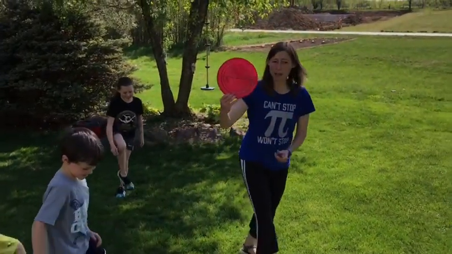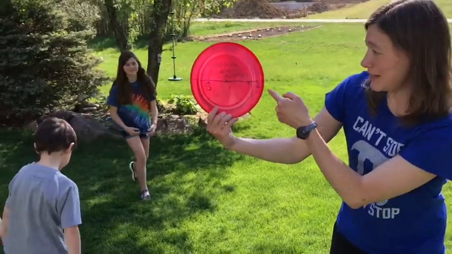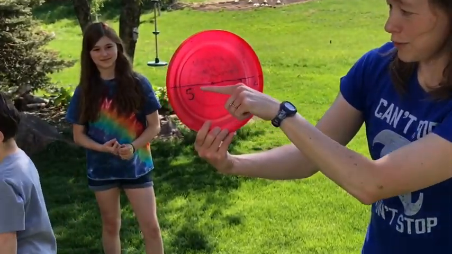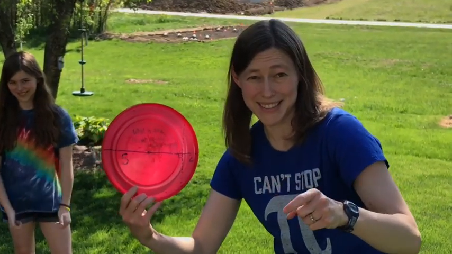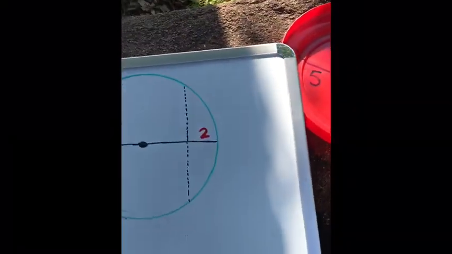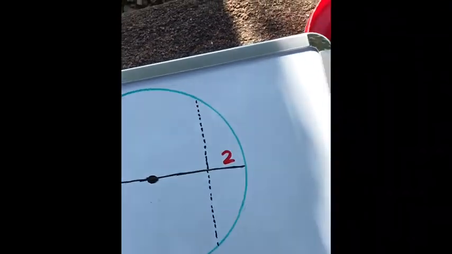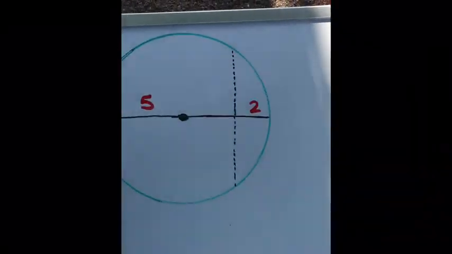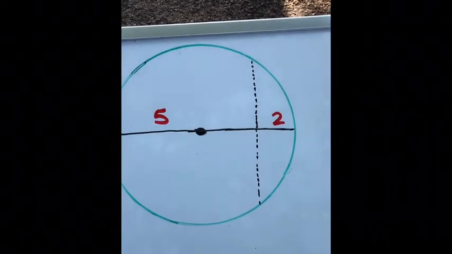I'm supposed to find the length of the dashed segment if we have a radius of 5 and this is 2. We will go work this out. Here's the Frisbee, and we're going to find the length of that dashed segment.